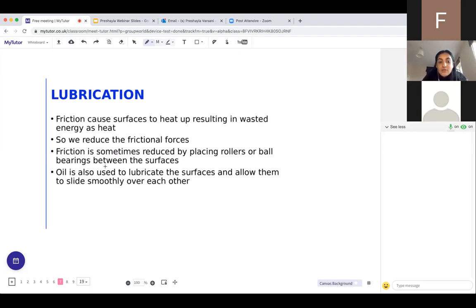So we use oil to lubricate surfaces and allow them to slide smoothly over each other. Oil can be a very useful mechanism for lubrication, and therefore can reduce frictional forces, which reduces the heat that is being made from friction, and therefore reduces the waste energy.